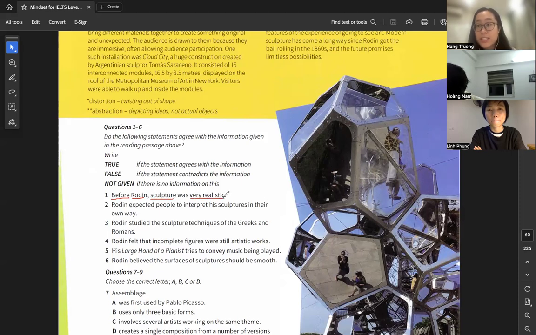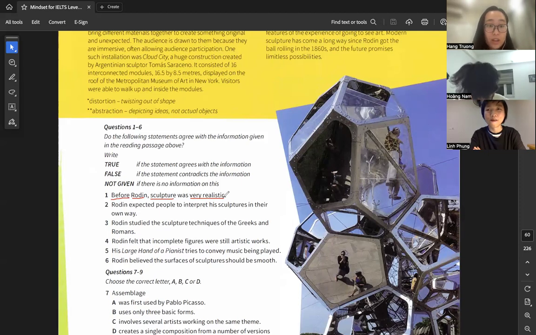What does realistic mean? Realistic is something that is very close to real life. Exactly. So something that is close to real life, and you don't have to imagine, right?